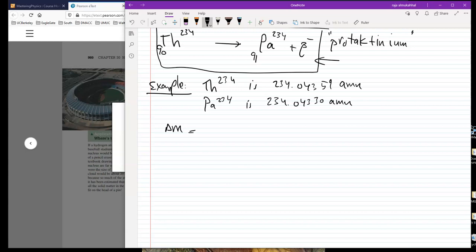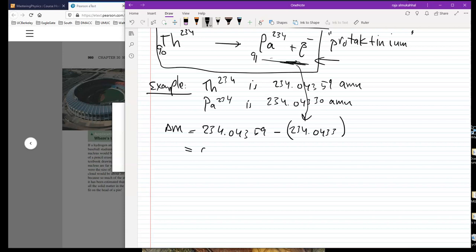You can switch the order between daughter and electron, so that you get a positive number. For our case here, if you take the difference, you get 234.04359 minus 234.0433, the daughter and electron added together.